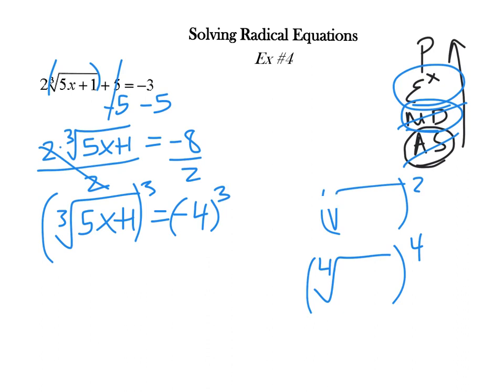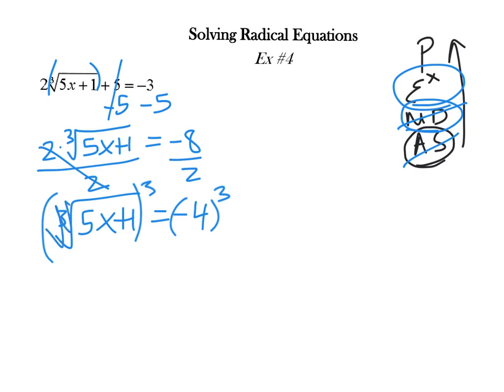That's the only way you're going to be able to simplify and cancel things out. So, since we're taking the cube root, we raise it to the third power, and notice how the cube root and the cube cancel each other out, leaving you just with 5x plus 1 equals negative 4 to the third power.